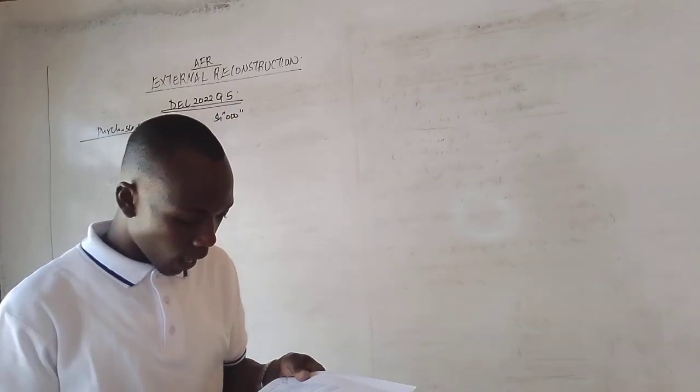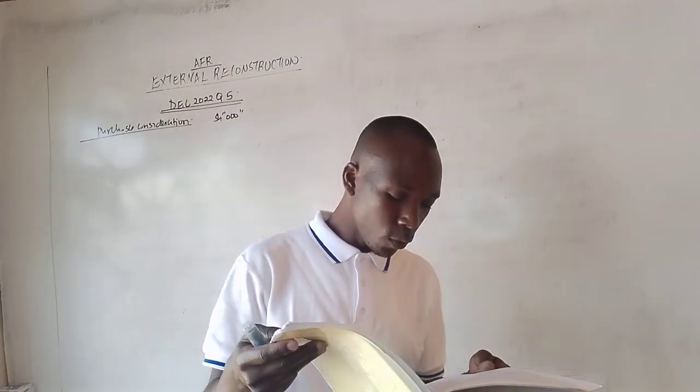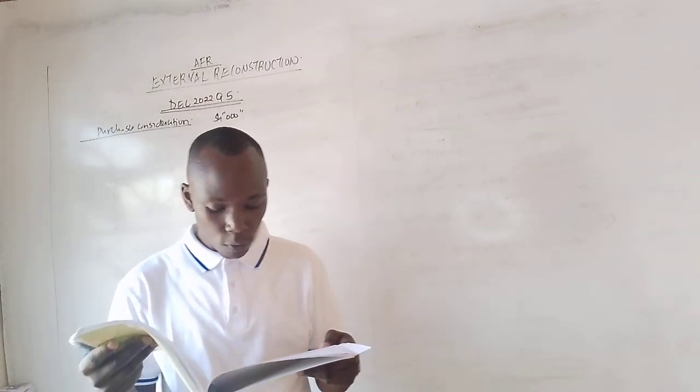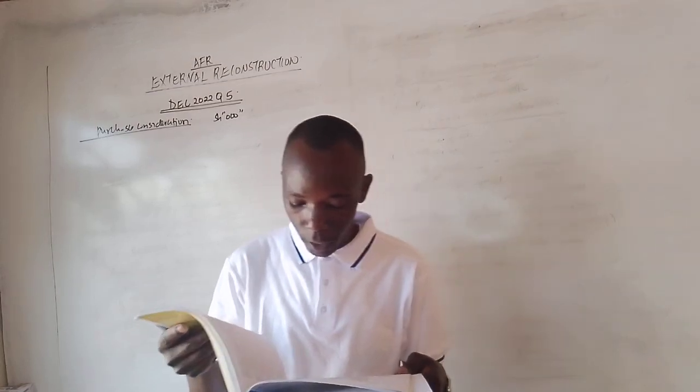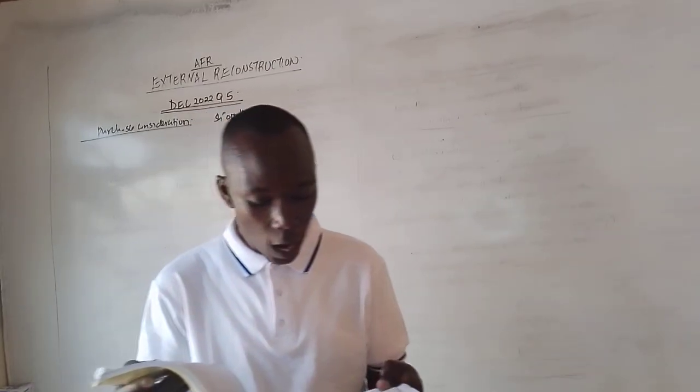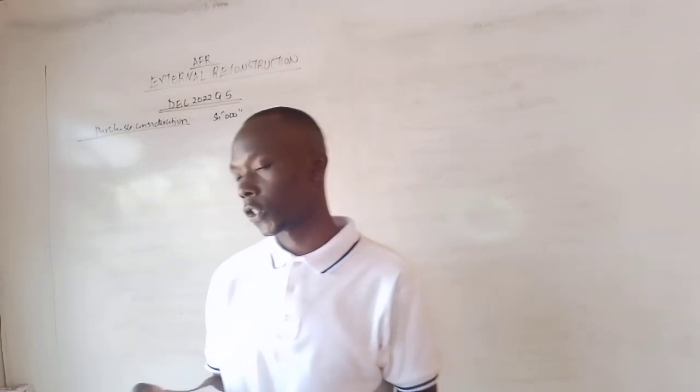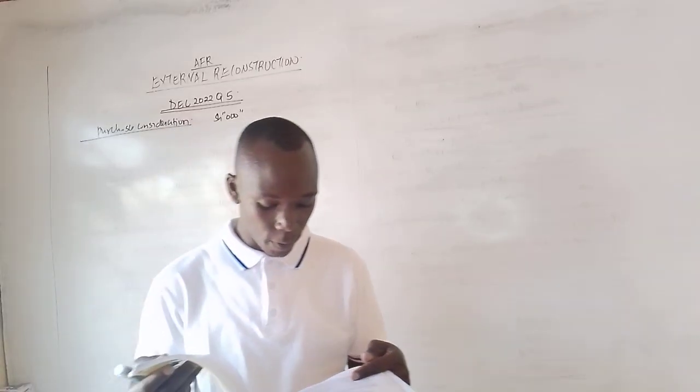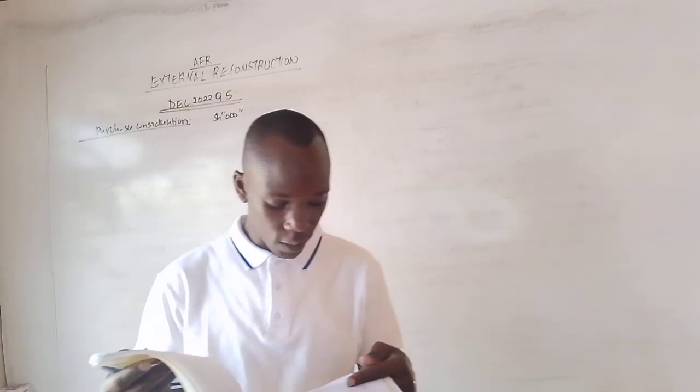Additional information number 1, you are told that the newly formed company's authorized share capital comprises 5 million ordinary shares of shillings 10 par value each. That will not help us to determine the purchase consideration.